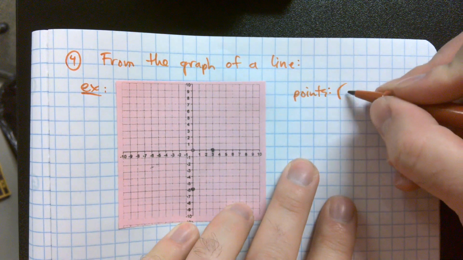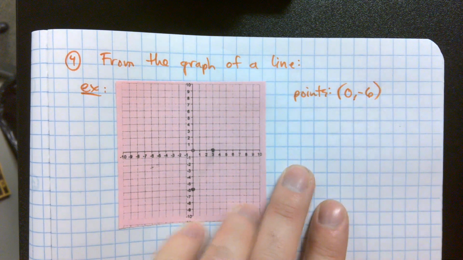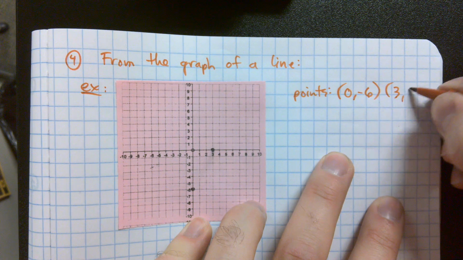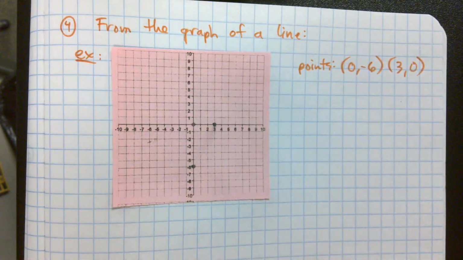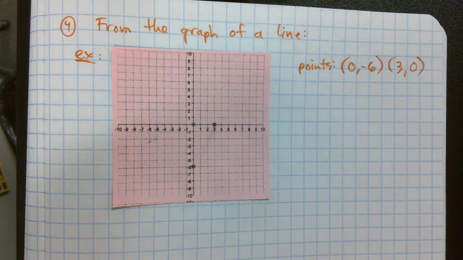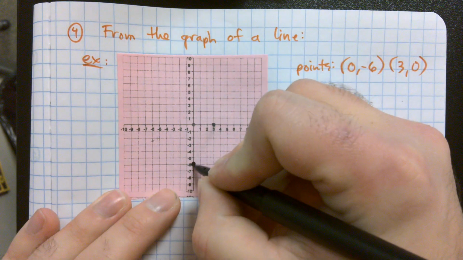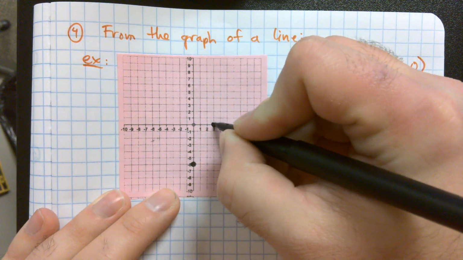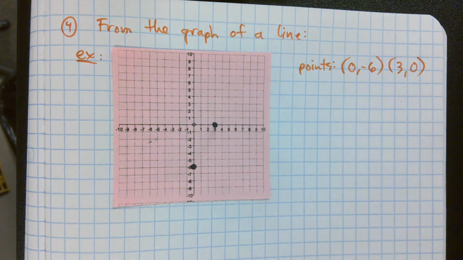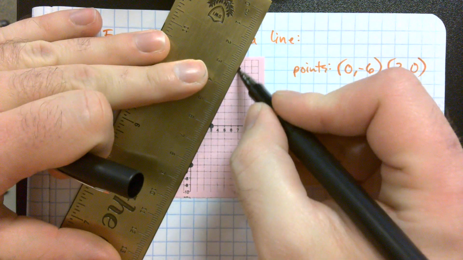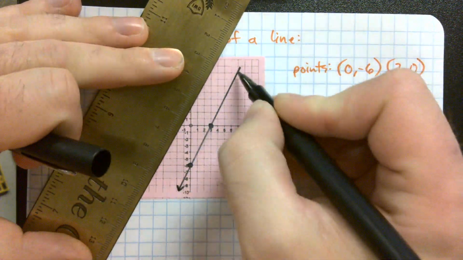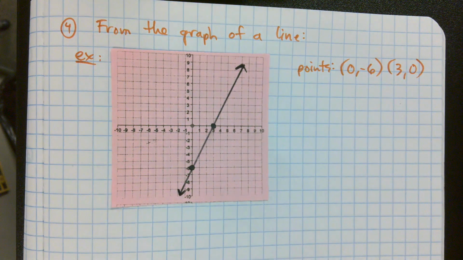You're going to plot the points (0, -6) and (3, 0) on that graph. Your line will look just like that.